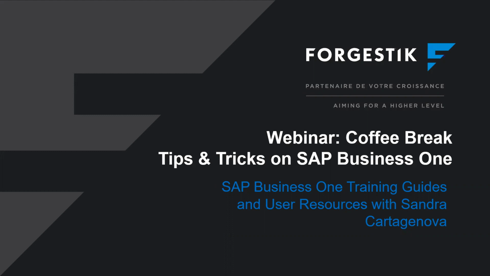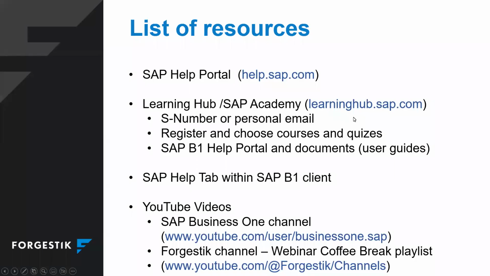I will be presenting a few sources where you can find SAP documentation, training material, and some help documents as well. So the links that I'm going to present are the SAP Help Portal, then the Learning Hub, or what's called the SAP Academy.